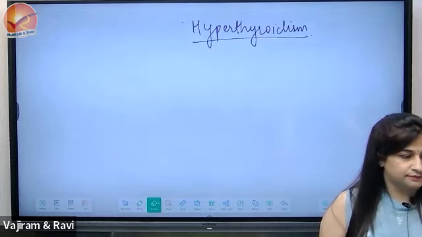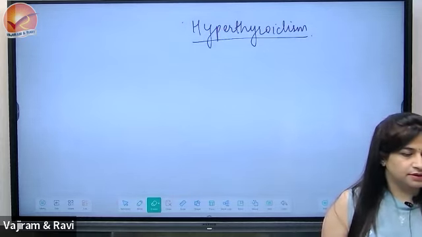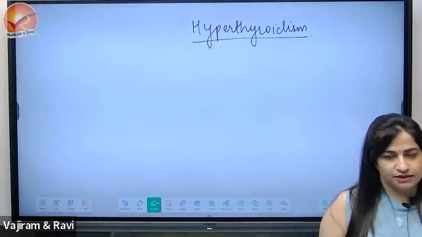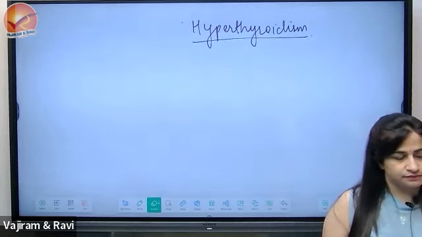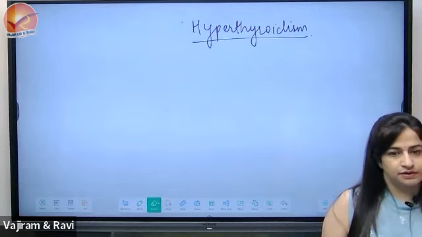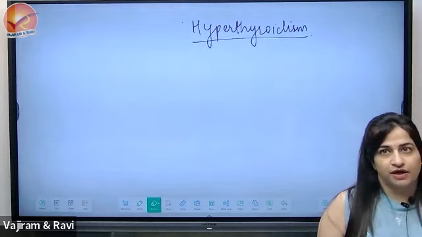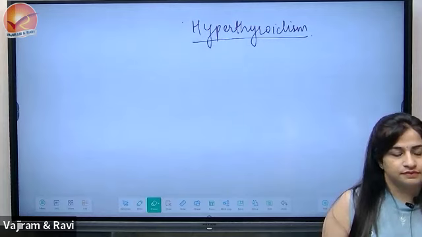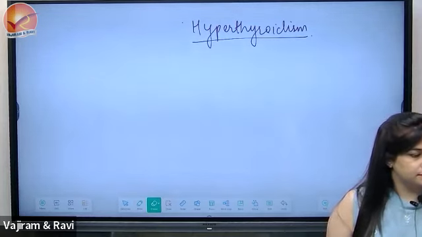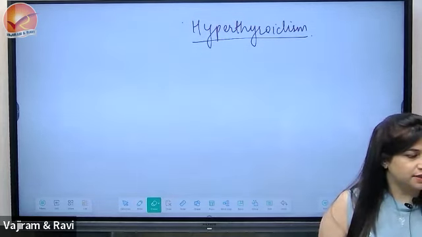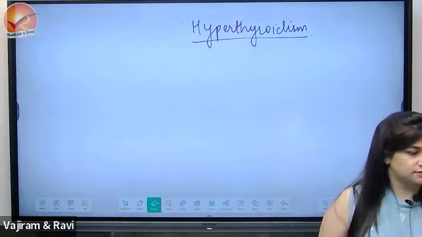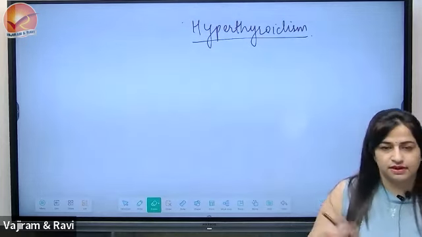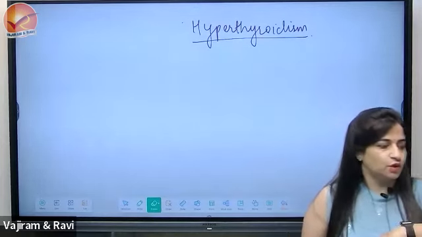adenomas, thyroiditis, increased uptake of iodine, then you can get factitious thyrotoxicosis, that is due to some extra dose of thyroid hormone.